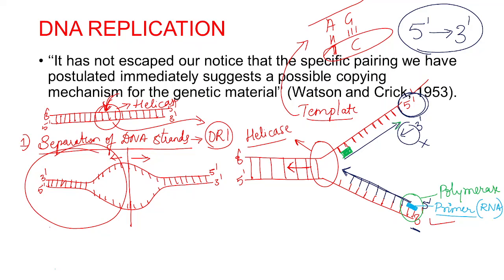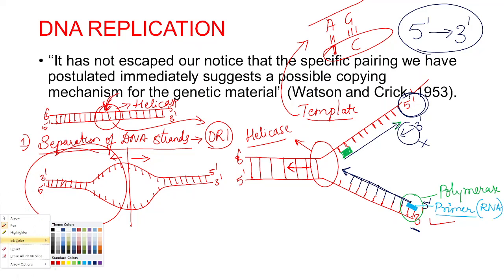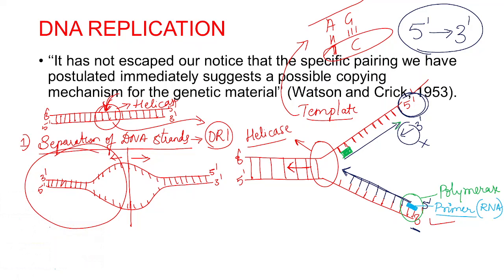Then the second time, when further separation of the coil takes place, this strand with 5' to 3' direction will continue, but it will have only this much length, and another will be initiated like this.